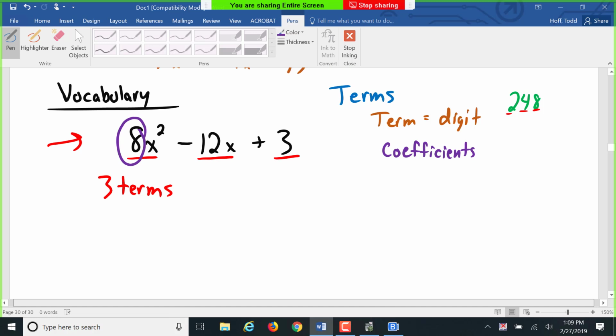I'm going to list them over here. What's my next coefficient in that next term? Careful. Negative 12. There we go. And then the last coefficient is 3. Even though there's no variable there, it is still a coefficient, because remember, that is technically x to the 0, right? So it's still a coefficient.